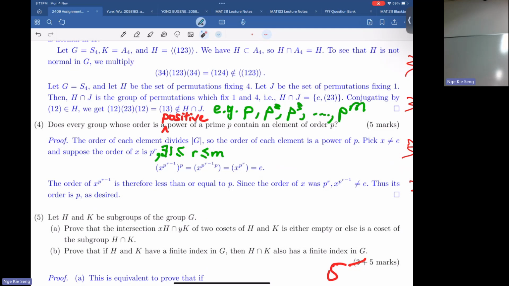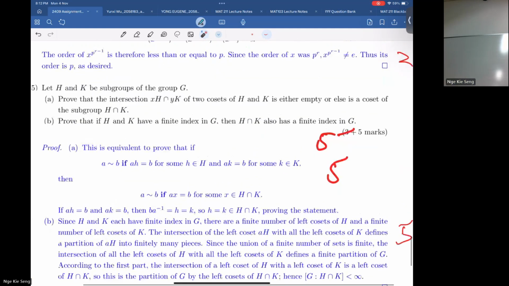I didn't know this is Cauchy's theorem, but some of you cited a theorem. But we never did it in class. So you have to prove it. To prove it is exactly the same thing you do here. Yeah. Right. Okay, last one.